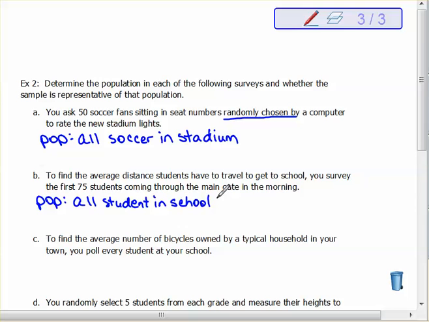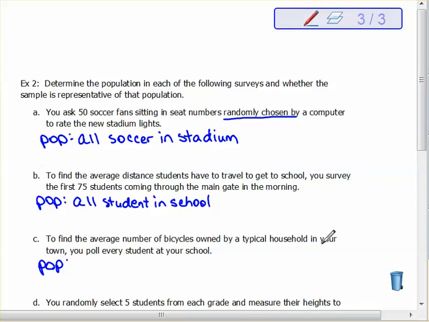Okay, part C says to find the average number of bicycles owned by a typical household in your town, you poll every student at your school. So what would be our population here? Our population is the typical household in our town.